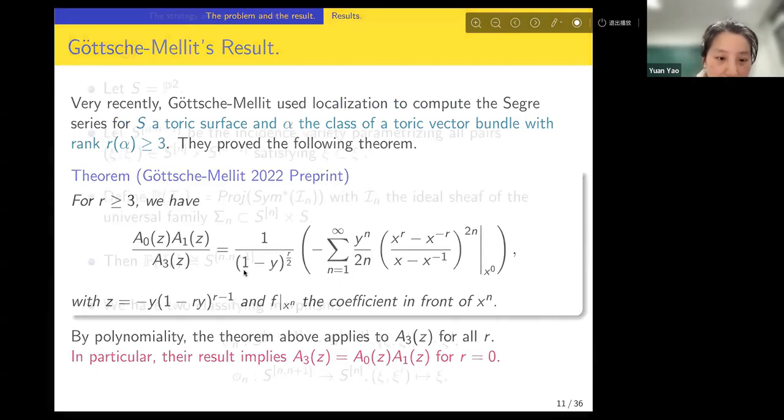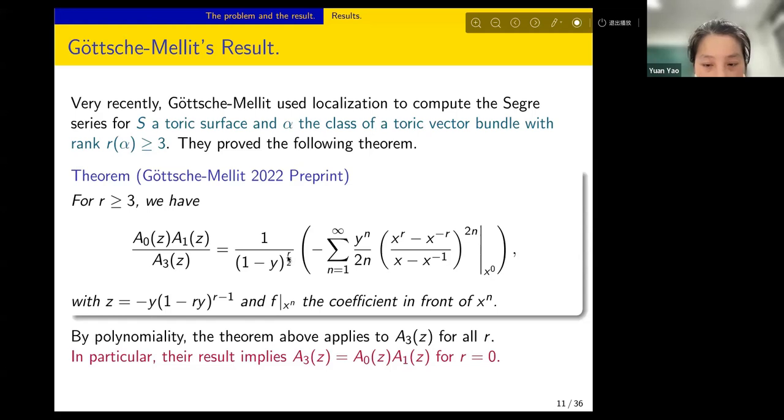So once you let r equal to 0, you can compute that this term is 1. You get 1. So their theorem also implies this equality.